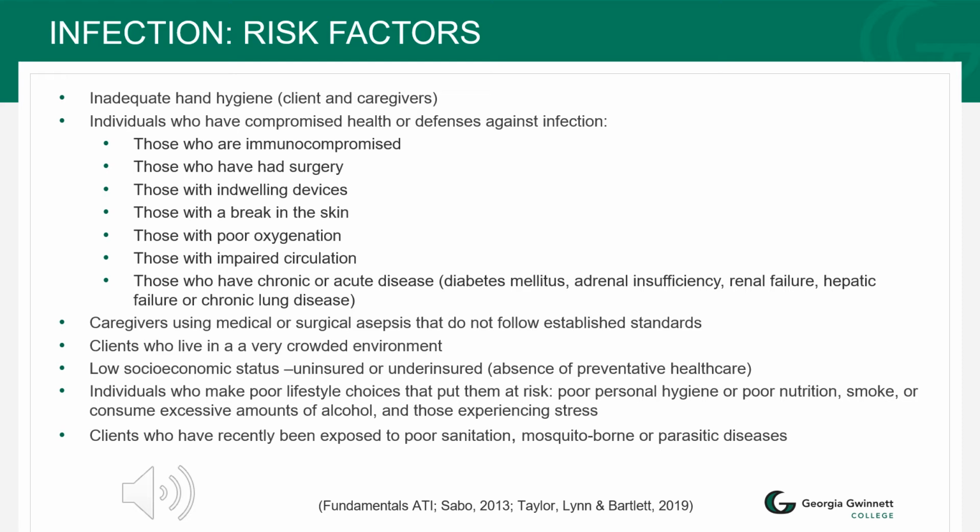Again, these are great examples. People who have had surgery, anybody who has an indwelling catheter device, if there's a break in the skin, someone who has poor oxygenation or impaired circulation, which might be any of the individuals on the next bullet point, somebody with diabetes or chronic lung disease, kidney failure, liver failure. All of those individuals are more at risk to developing infection.